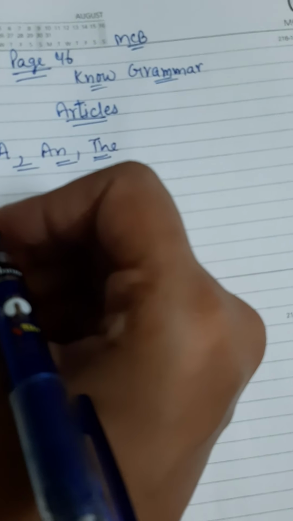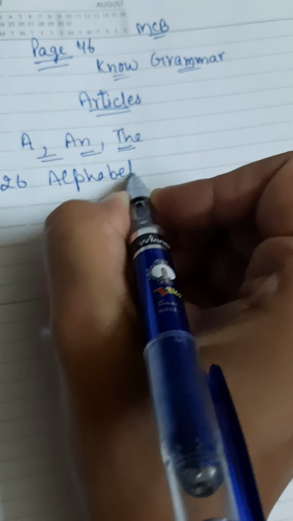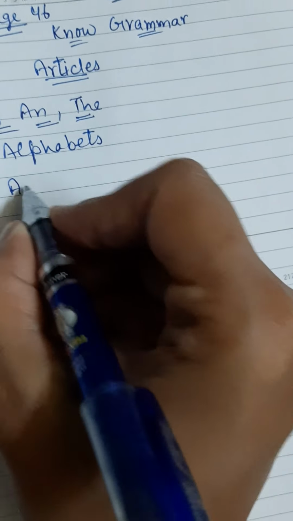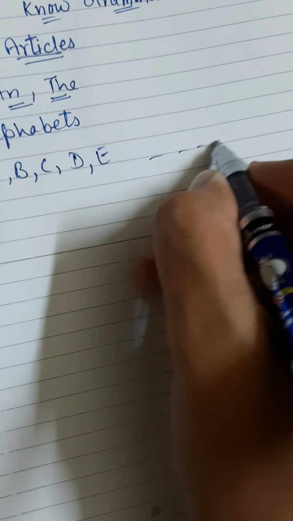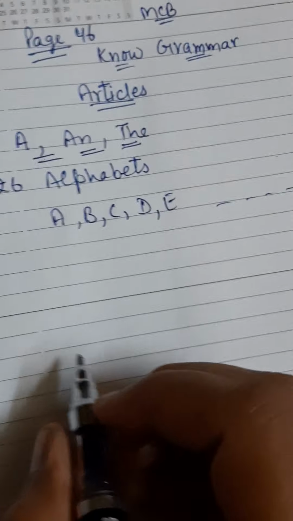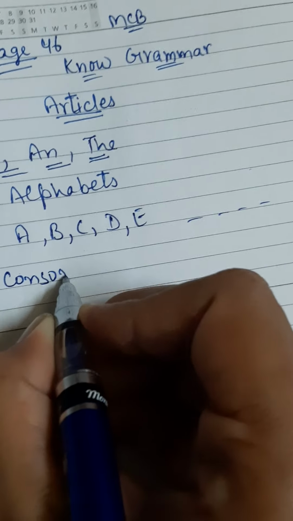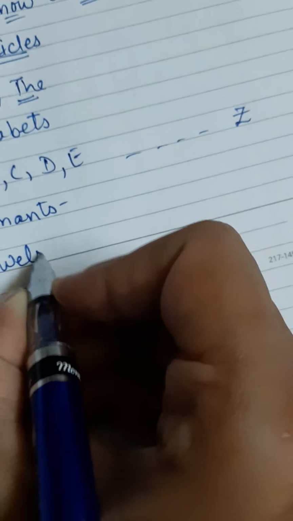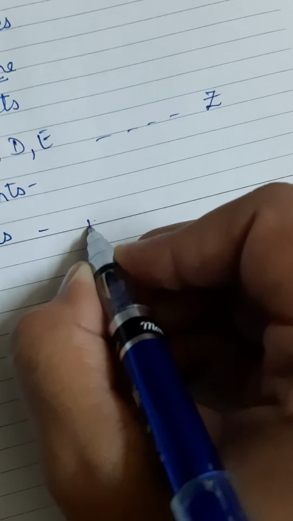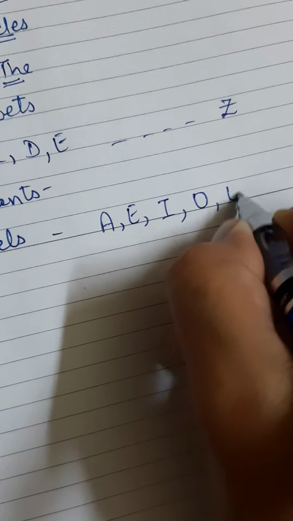So in English, we have 26 alphabets, and they are A, B, C, D, E, and so on up to Z. Clear? So there are 21 consonants, and how many vowels are there? 5. That is A, E, I, O, and U.